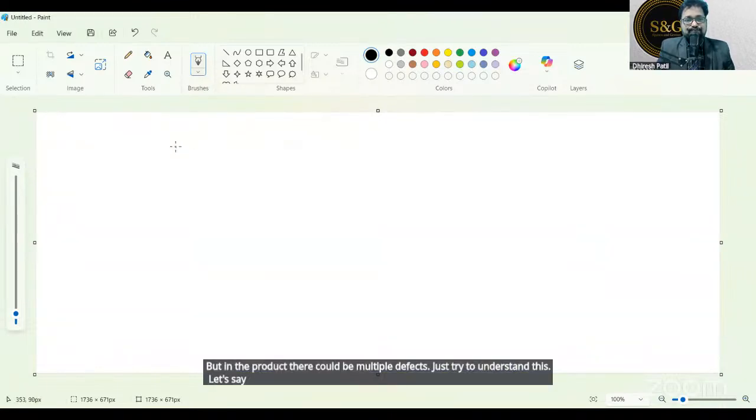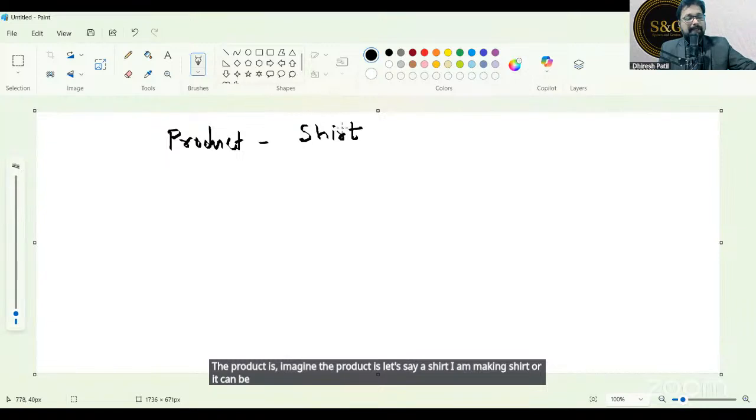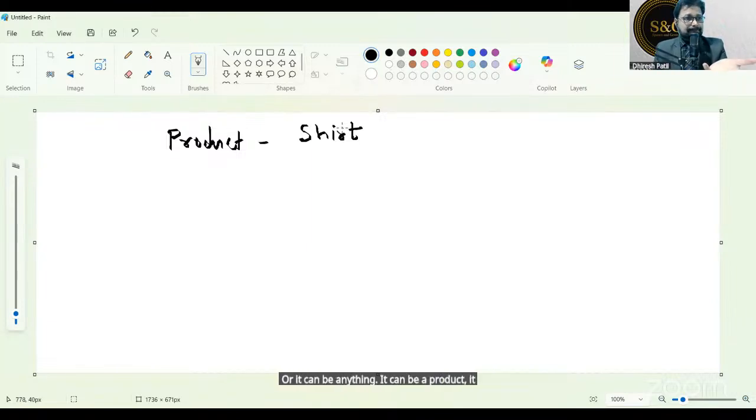Let's say the product is, imagine the product is, let's say a shirt. I am making a shirt, or it can be a water bottle. It can be a laptop, or it can be anything. It can be a product. It can be a service. Anything.